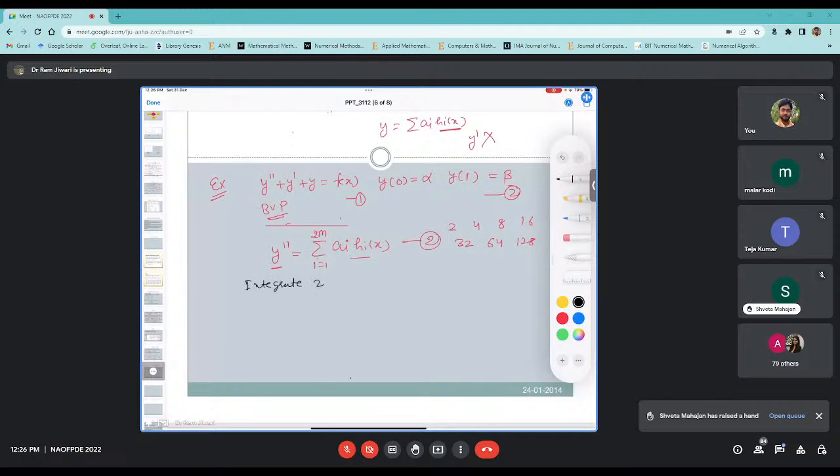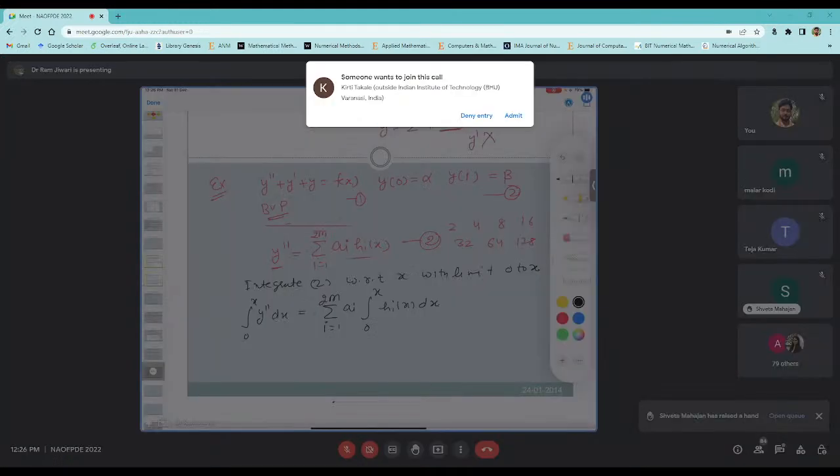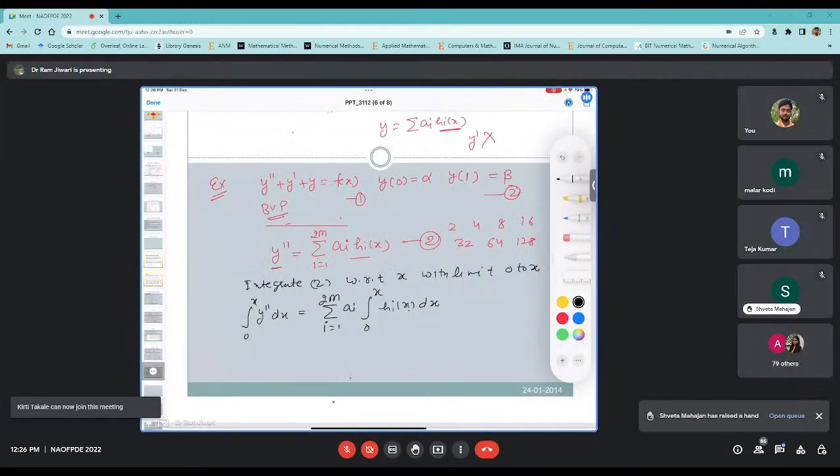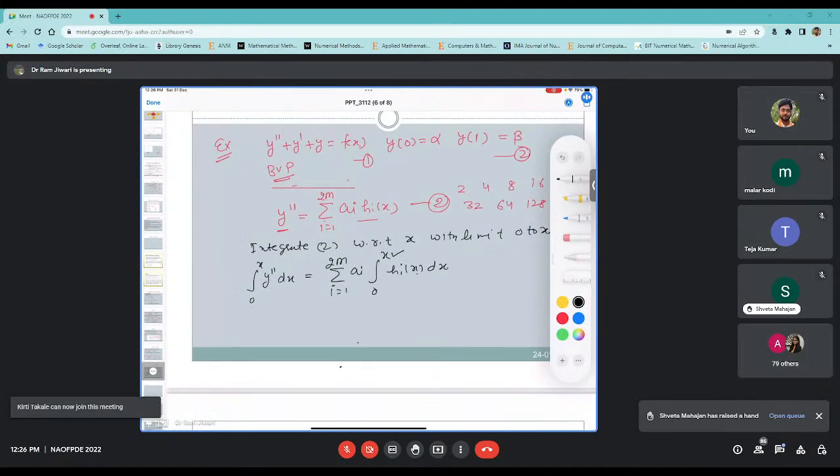Integrate with respect to x with limits 0 to x. When I integrate y double dash dx from 0 to x, it equals the summation i equal to 1 to 2m of a_i, because the a_i are constants and stay outside the integration, times h_i(x) dx. You can write t here because x is the limit, this is no problem, it is just a variable. When you integrate this, you will get y dash of x minus y dash of 0.